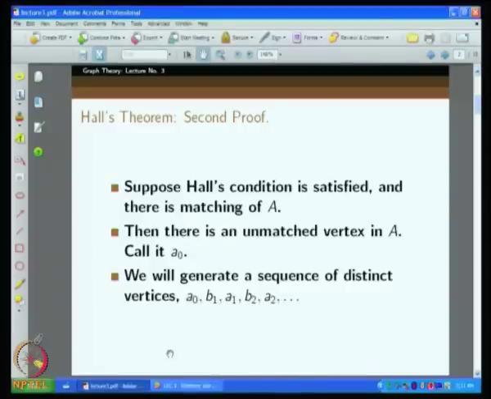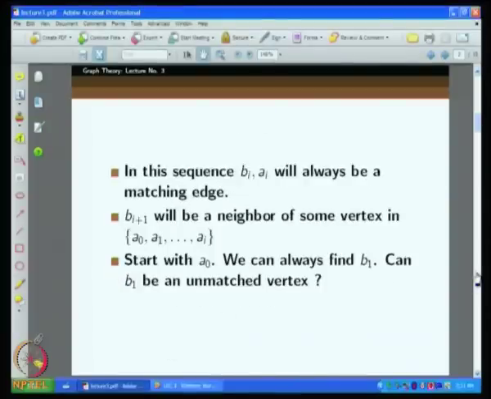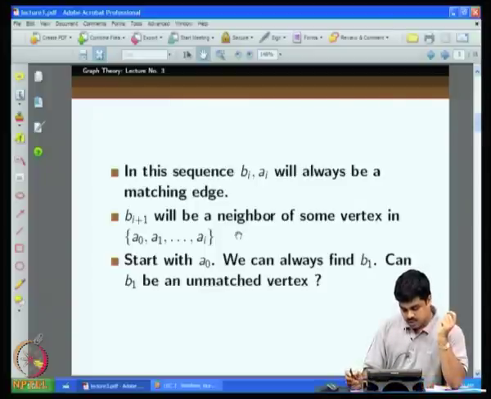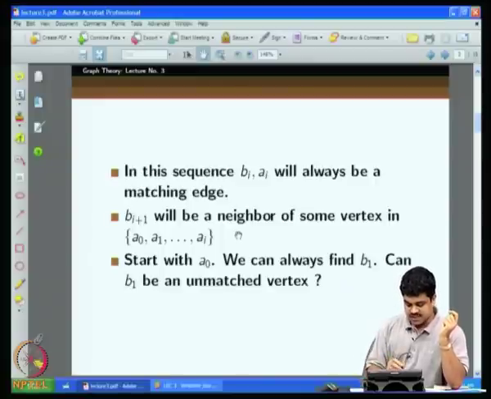Once we get A0, A1 up to Ai, we can always find a Bi+1 such that Bi+1 is a neighbor of one of these vertices A0, A1 up to Ai. That is always guaranteed because of Hall's condition.